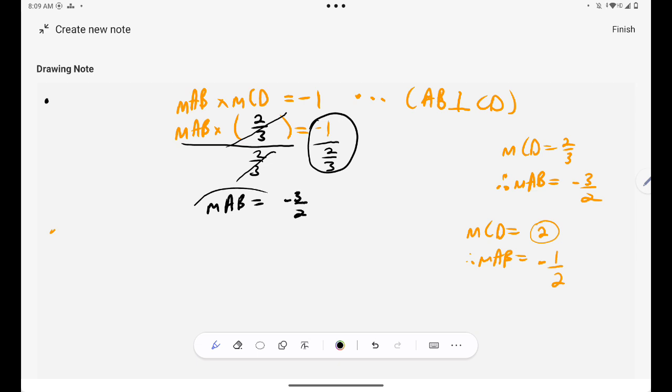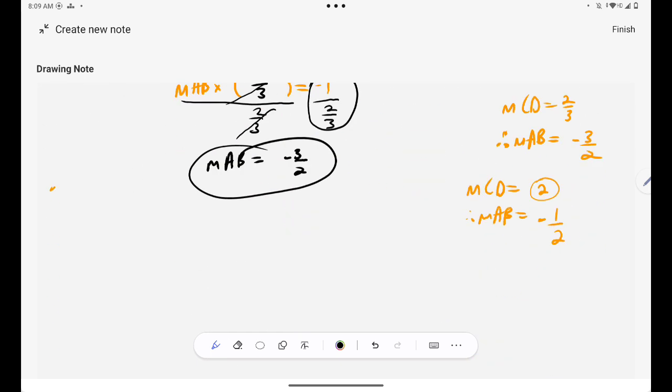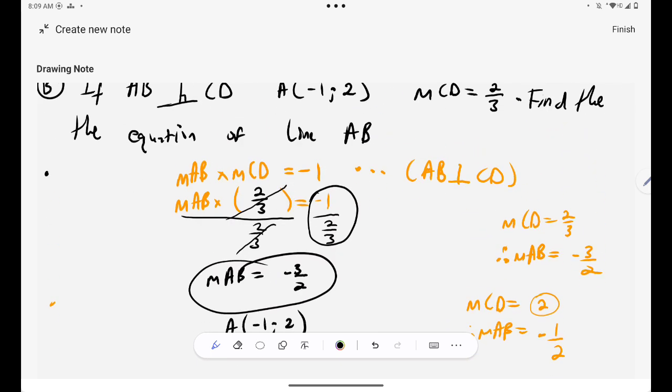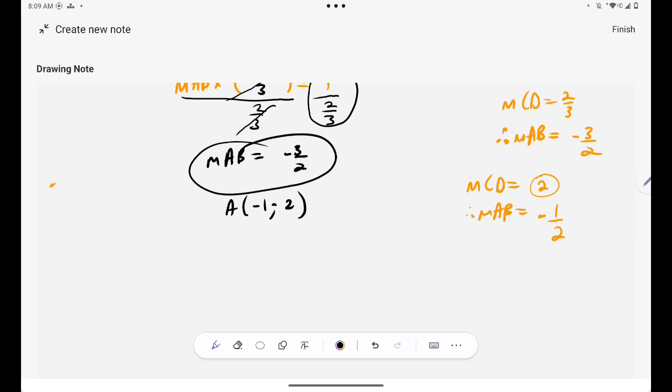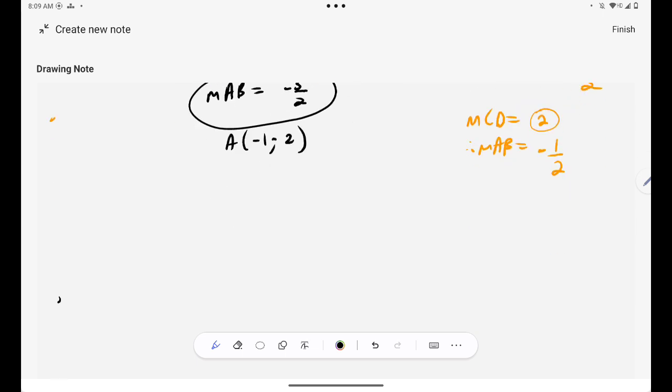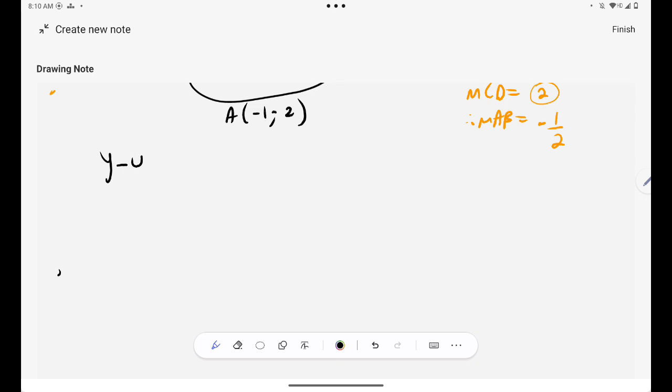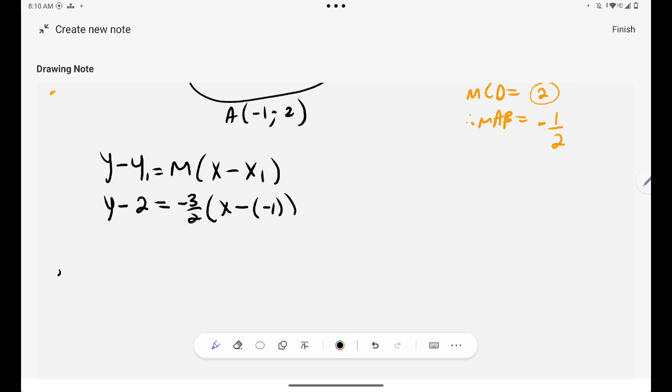So now I have a gradient, and the point was given. It was negative 1 and 2. I can just find the equation of my line. Y minus y1 is equal to m times x minus x1. So y1 is 2, the gradient is negative 3 over 2, the x value is negative 1.